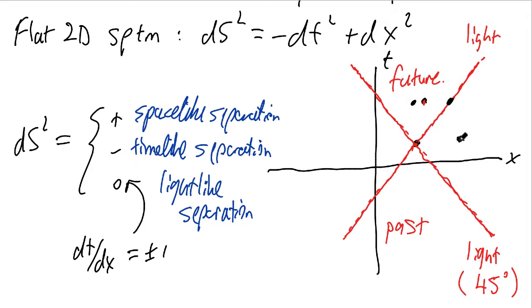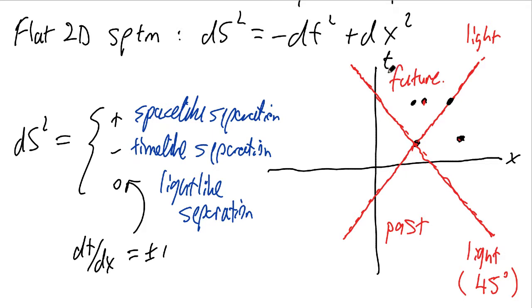They can't have any causal influence on one another. Right? In order for this event to have an effect on this event, there would have to be information traveling faster than the speed of light. So these wedges here, these light curves, form the boundary of where information can flow.